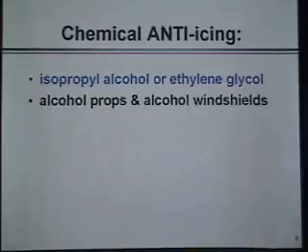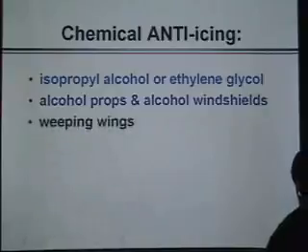You turn it on low, and as soon as you're in icing conditions, then you turn it on high. Now that's one of the disadvantages, is that it doesn't de-ice. The other disadvantage is that there's a limited quantity of alcohol on board the airplane, isopropyl alcohol that is, and when you run out of fluid, you're hosed. So if you get into icing conditions, you really need to leave as soon as possible.